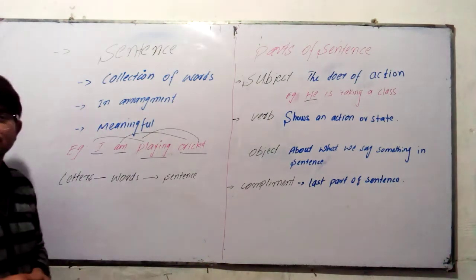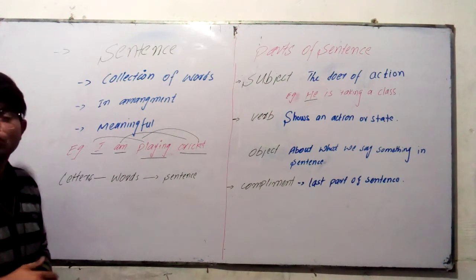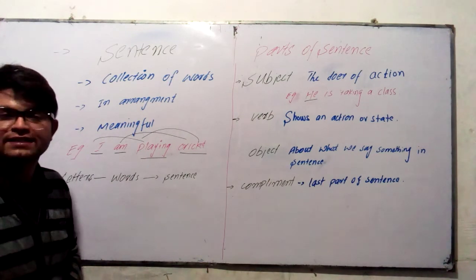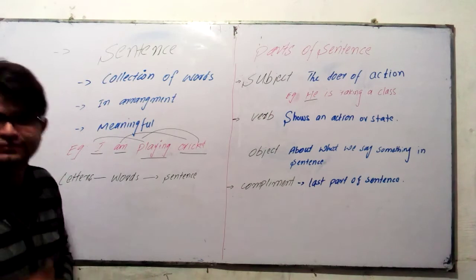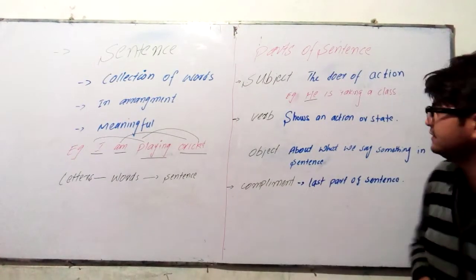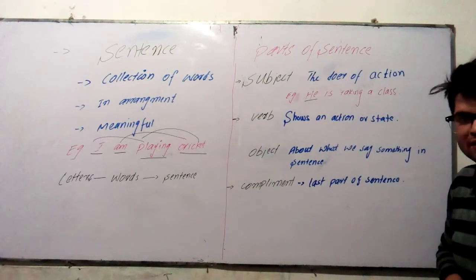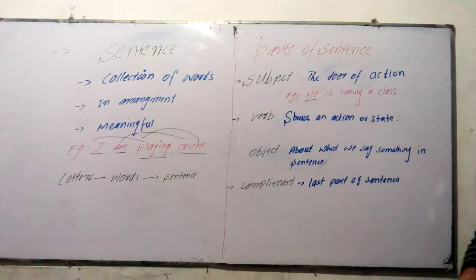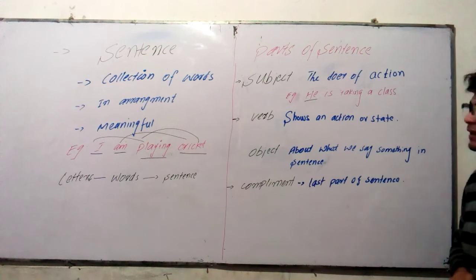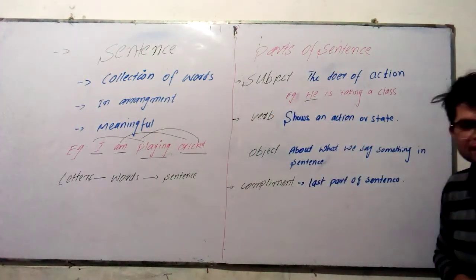So now we will come to the parts of a sentence. How many parts of a sentence do we have? Dear student, we have these parts which are necessary for the sentence. The first part of a sentence is the subject.